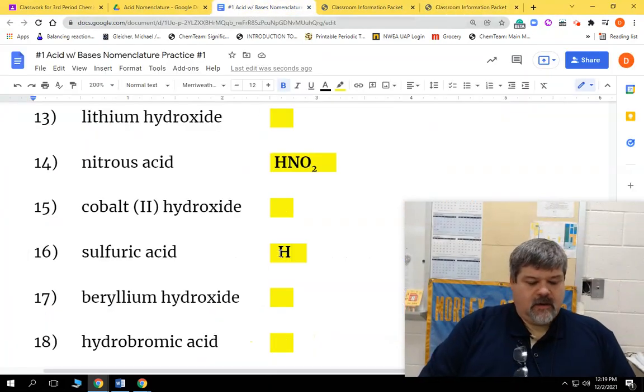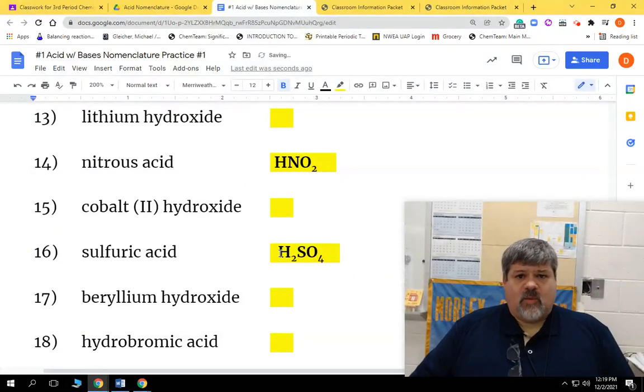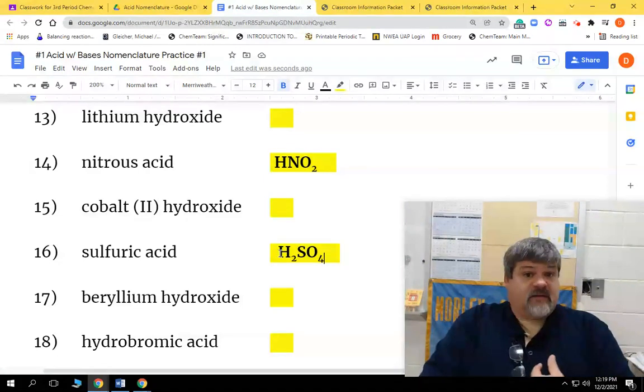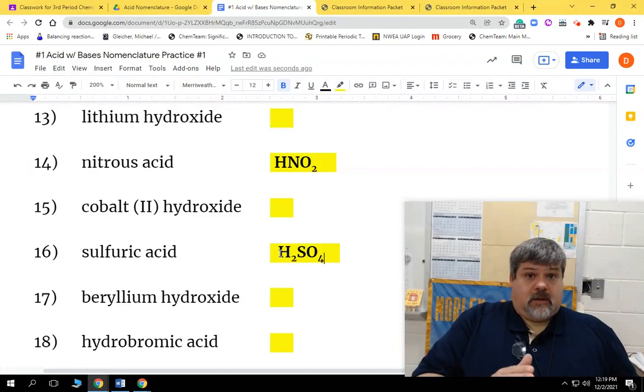So back here, I'm going to do a subscript of 2 and then SO4. Notice that we never have any of the polyatomic ions in parentheses. That's because hydrogen is a +1, so hydrogen is the only one that we have to change.